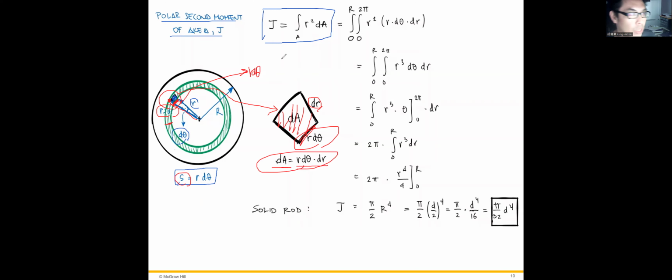Okay, so let's go back to this definition. We have to take the integration of the whole cross-section area, so it's a double integration from 0 to R, and from 0 to 2 pi for a circle, and R squared times dA. dA is right here.